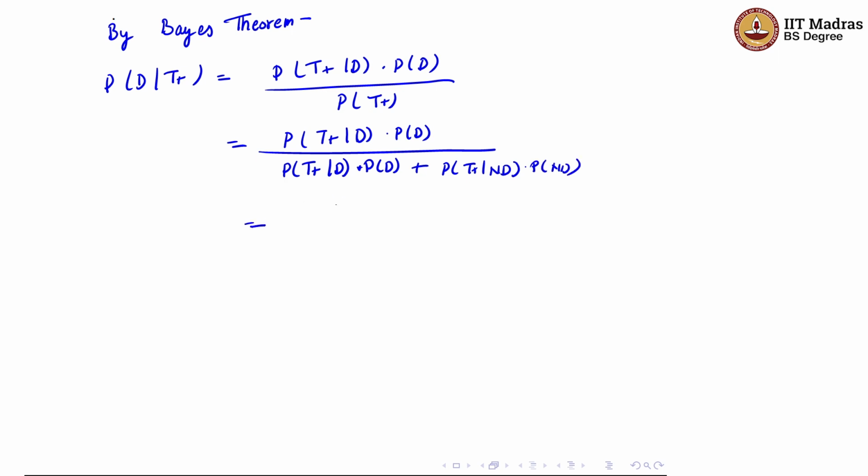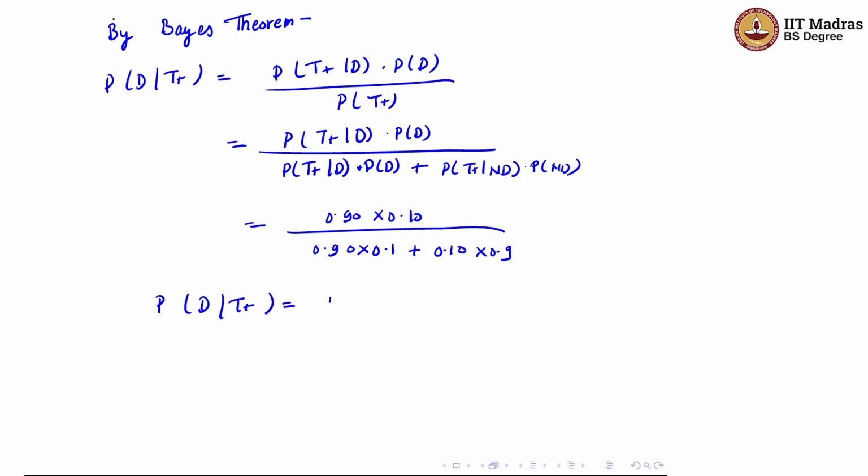So now we have to put all the values. Hence the probability of D given T plus will be equal to 1 by 2 or 0.5.